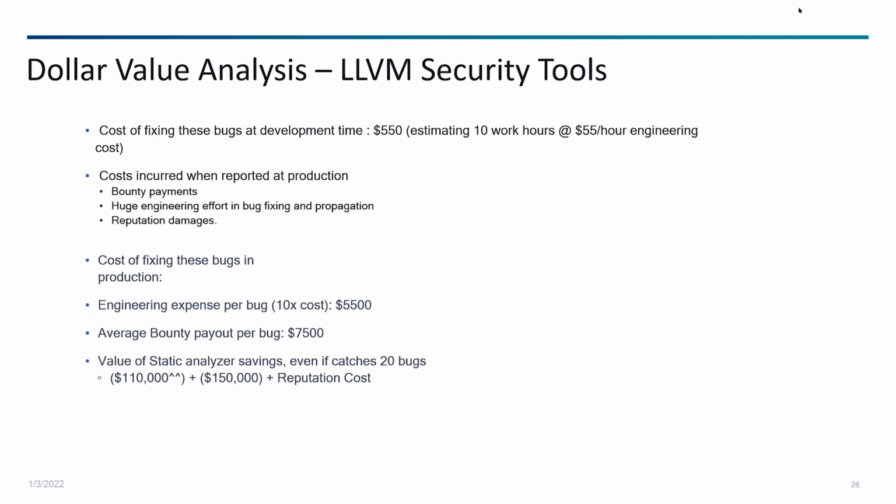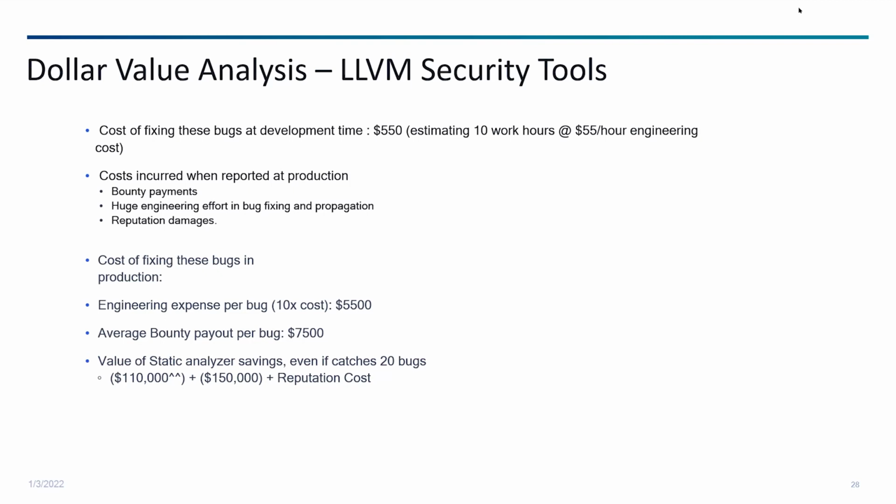Let's take even the dollar cost of fixing these bugs in production. Let's assume 10x cost in production, which is $5,500. Why 10x? Development time is $550. Why is it 10x? Because you have to fix the bug, you have to propagate it to all the devices, you have to figure out all the branches it has gone into.